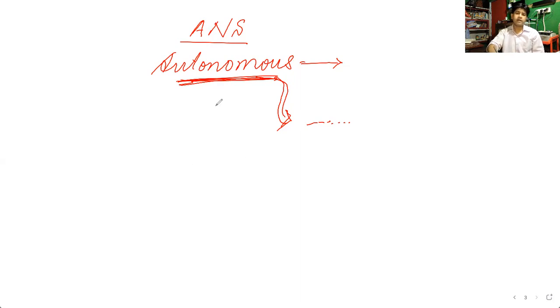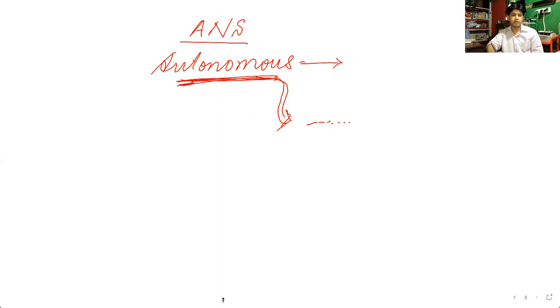So like this, various glands become active to show their response to some stimuli or some other event or incident. So this stimulation of the organs and the secretion of the various things, like sweat or oil or hormones, everything is also controlled by the autonomous nervous system.